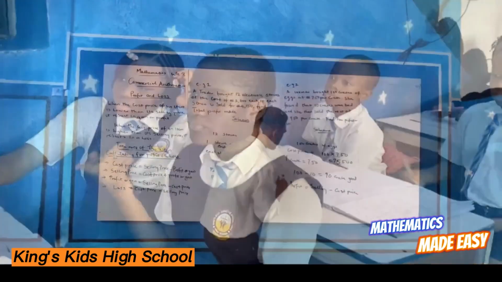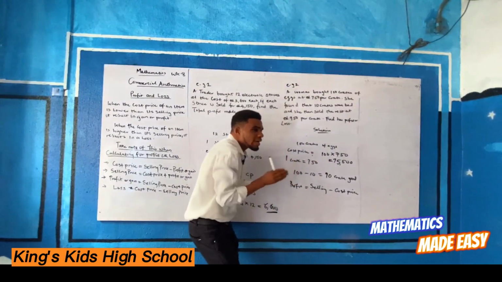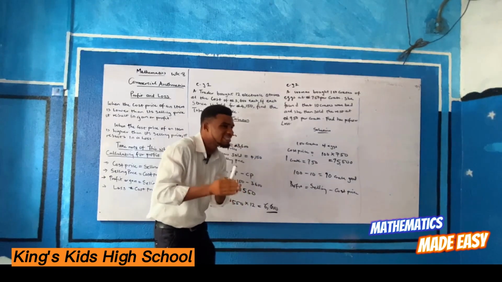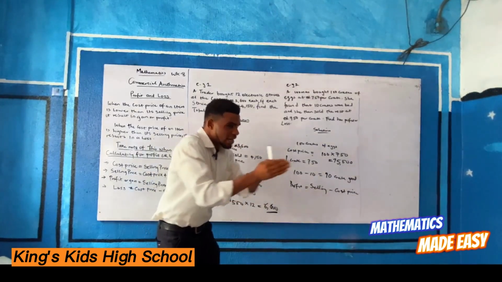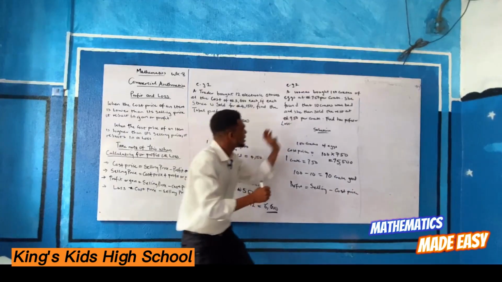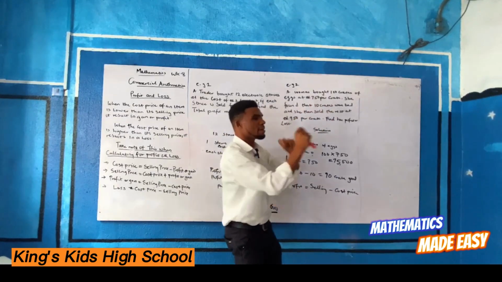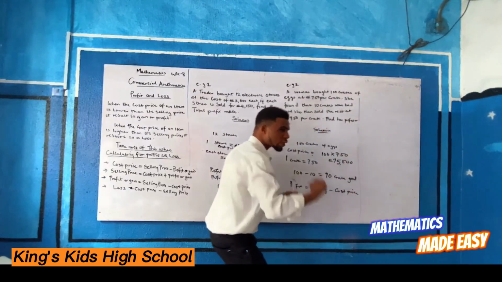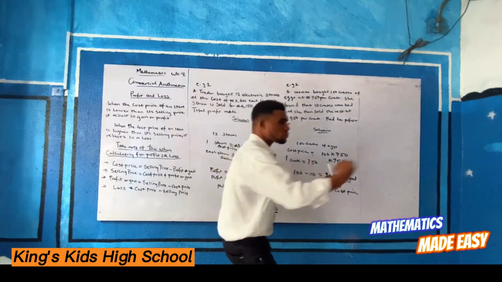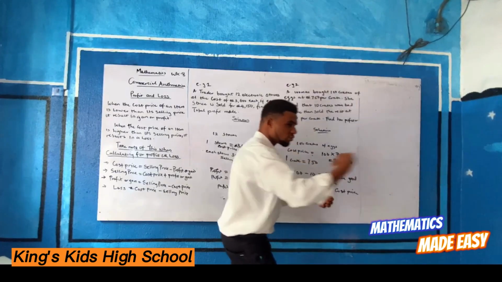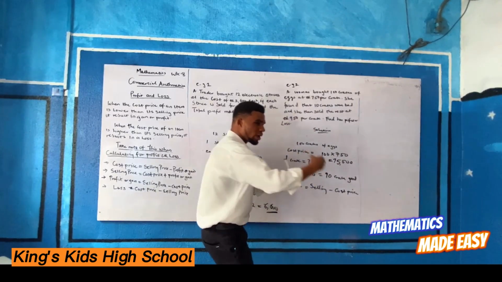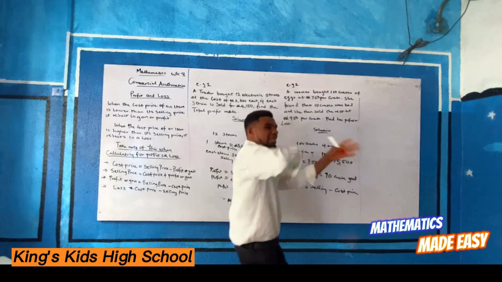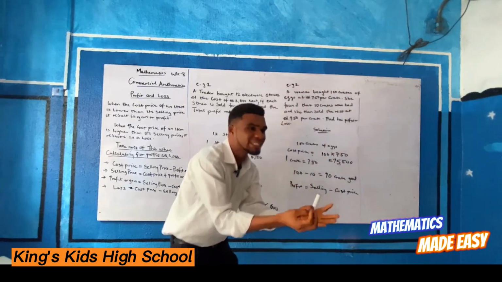Now, look at this. We actually want to get the cost price first before we go for the selling price. The concept here is they gave us a price for one crate. Are you following? To get the cost price, that is the price which he bought the something, we have to know the price of one crate multiplied by the entire quantity that he bought.